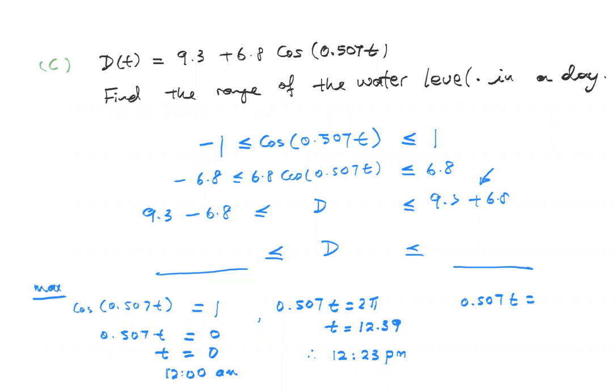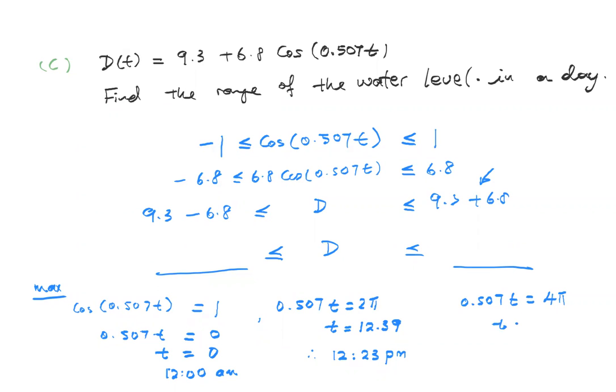Kevin? Another answer? Cos 0 is 1. Cos 2 pi is 1. Cos pi is 1 also. Wait.